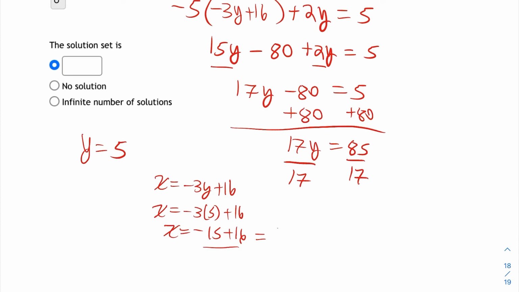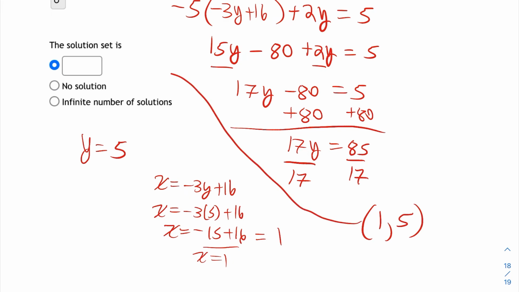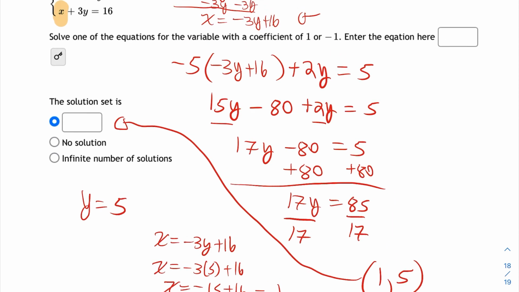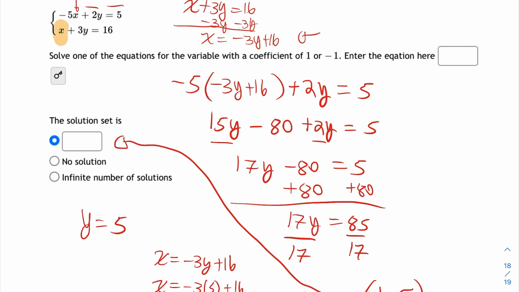X is equal to 1. So we have the ordered pair being 1 comma 5. So (1, 5) is the answer for this part here, and the equation x equals -3y plus 16 is the answer for this.